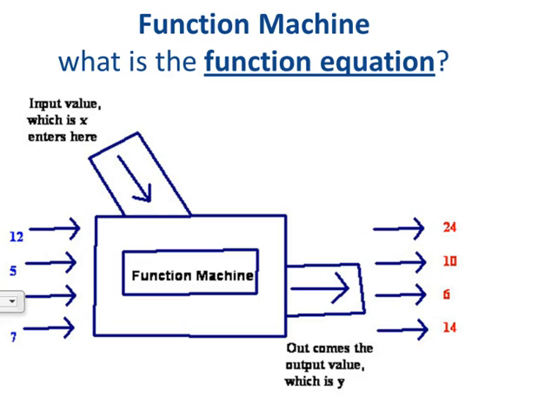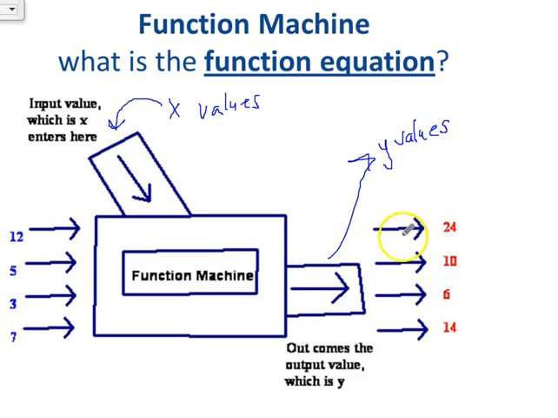So when we think about a function machine, we're really talking about a function equation. We're going to put in an input value, which is going to be our x values, and then out pops your y values.